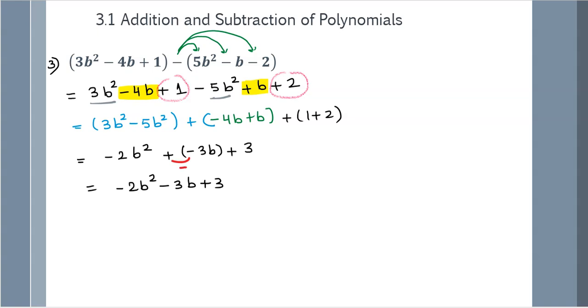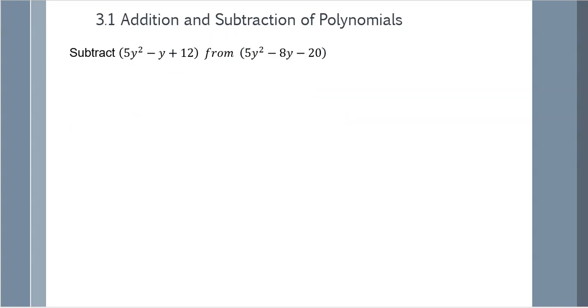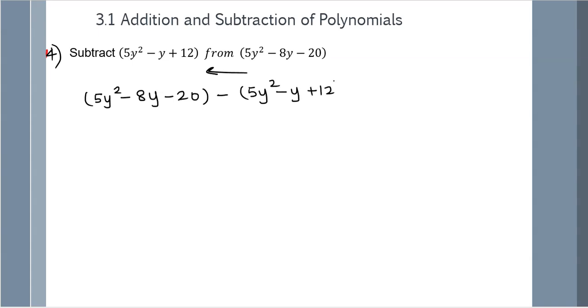Now, the subtraction question can be asked in this way as well. Subtract this from this. Whenever it is written subtract one polynomial from another polynomial, you move like this. It is the same as writing the second one first. 5y square minus 8y minus 20 minus 5y square minus y plus 12.